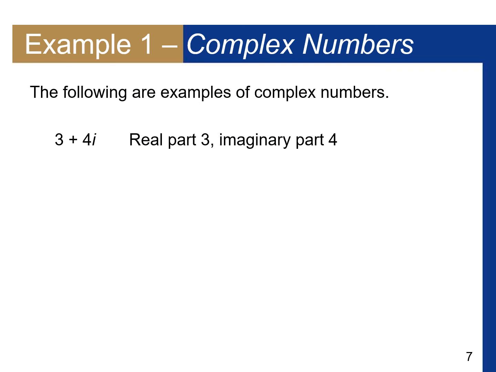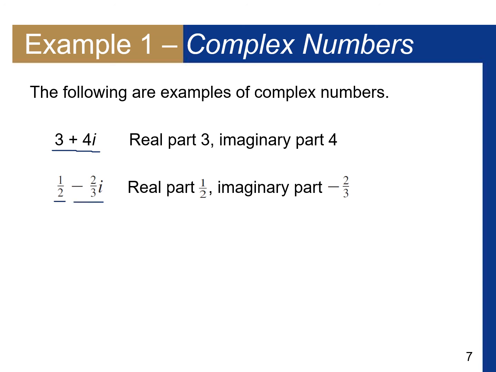So the following are examples of complex numbers. This is considered a number. 3 is the real part, and 4 is the imaginary part because it has the i with it. The real part in the second one is 1/2, and the imaginary part is negative 2/3. 6i actually has a real part of 0 because you could put a 0 here and write 0 plus 6i.